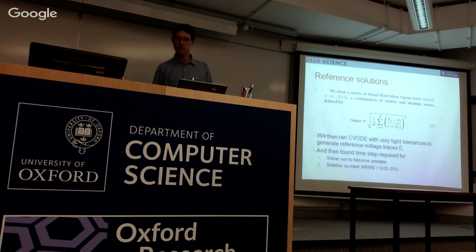And the accuracy measure we used, coming from Megan Marsh's thesis, I think a couple of years back, was mixed root mean square error. And so that combines both relative and absolute errors to give you a sense of how well your solution is matching a reference over an entire action potential or general time course. So we generated reference solutions with CVODE and very tight tolerances as our gold standard.